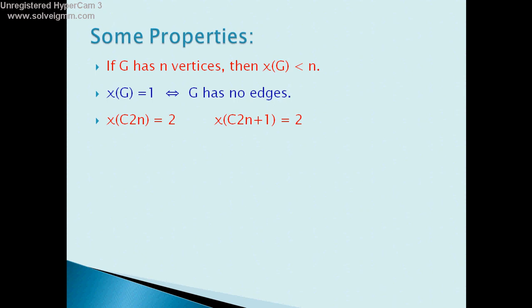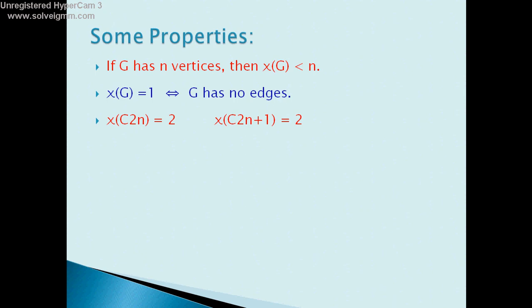Now the chromatic number of a cycle of odd order is 3. When you think about coloring a 5-cycle, just go around alternating colors 1, 2, 1, 2. When you get back to the beginning, you need to apply a third color. So the chromatic number is 3.